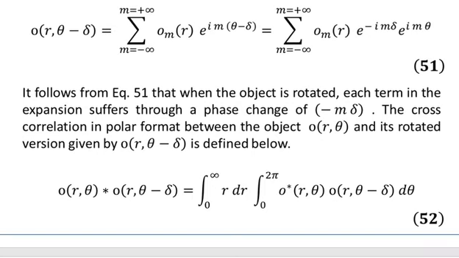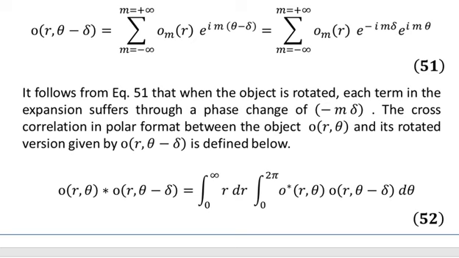You know that in the correlators we measure the autocorrelation. So you see that we want to evaluate the autocorrelation of the object O, which is unrotated, with its rotated version. So this is the autocorrelation given in equation number 52. And on the right hand side we have the integrals, which give the definition in the polar coordinate system. That is the autocorrelation definition in the polar coordinate system.